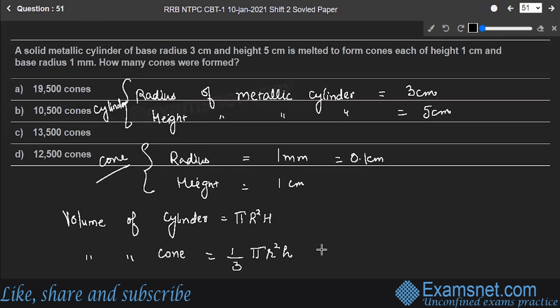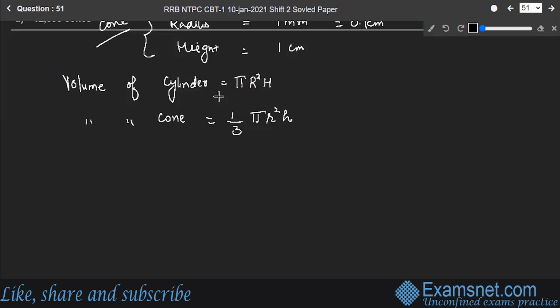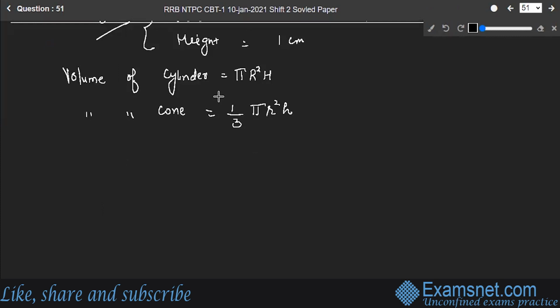So now it's asked, how many cones can be formed? Let's do this one now. First of all, volume of cylinder will be equal to pi r square h.